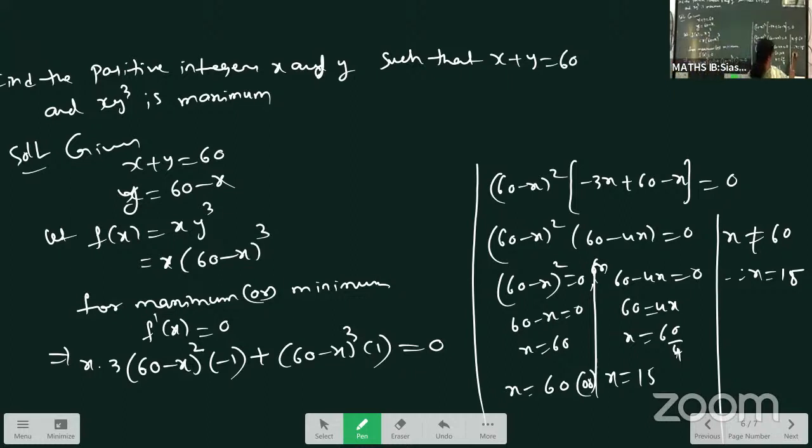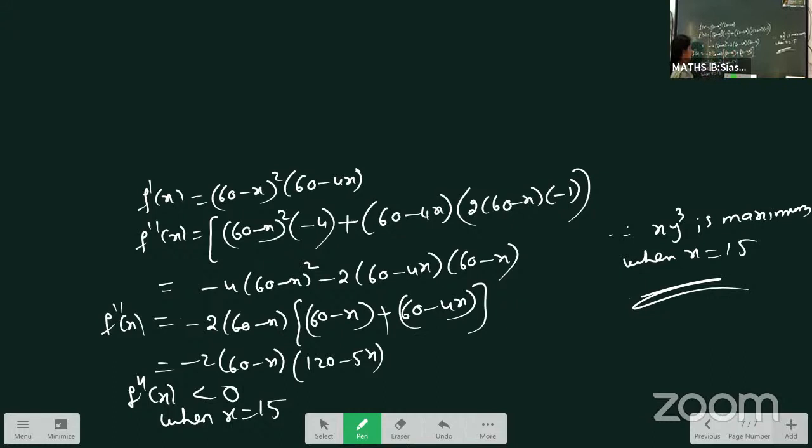So immediately x is equal to 15 means y is equal to 60 minus 15, y is equal to 45. This also we have to write. So in the final conclusion, therefore xy cube is maximum when x is equal to 15 and y is equal to 45. If you take 45 plus 15, overall we are getting 60.